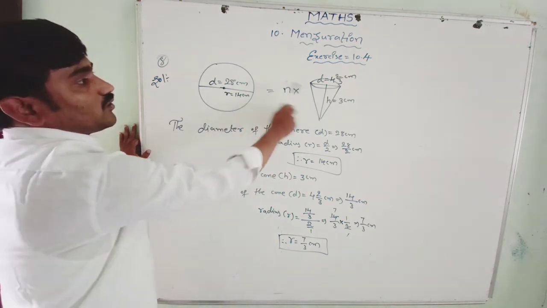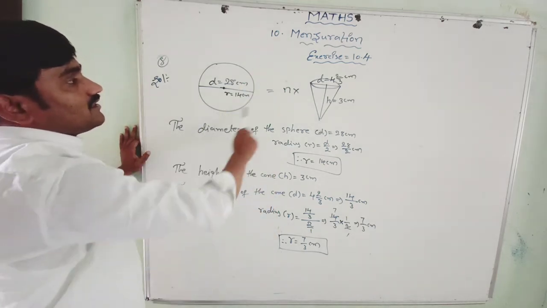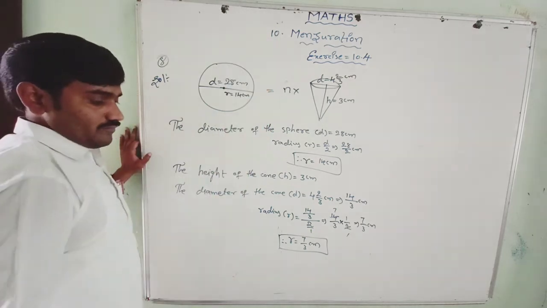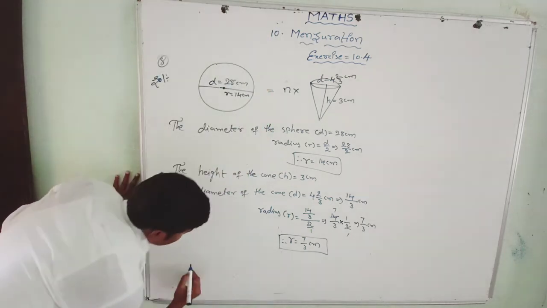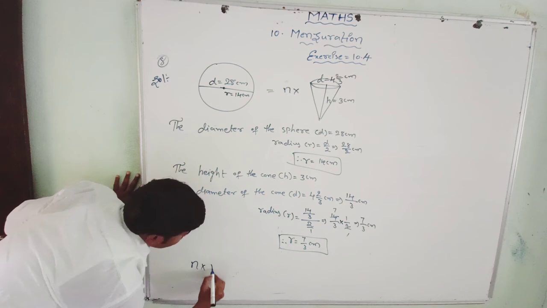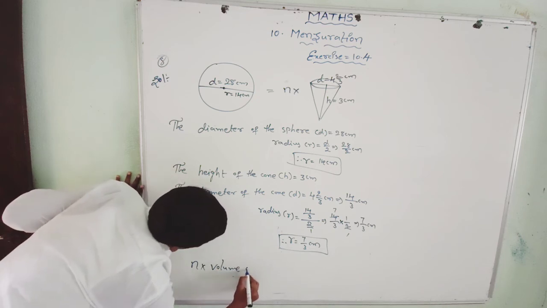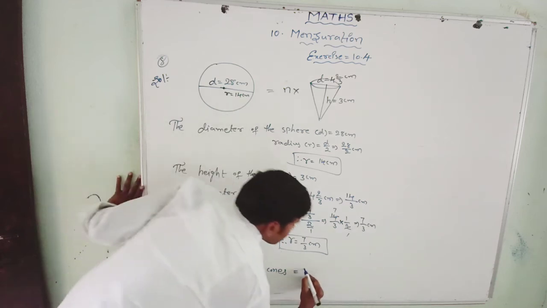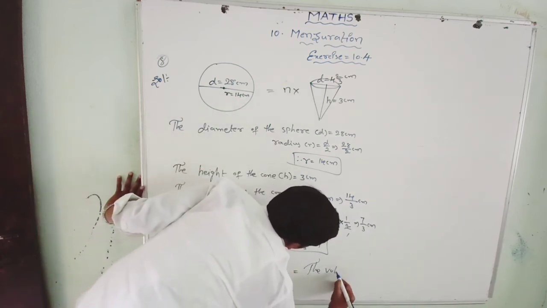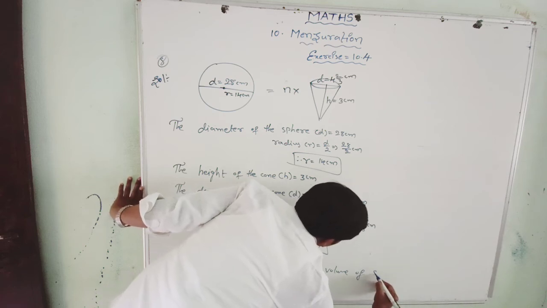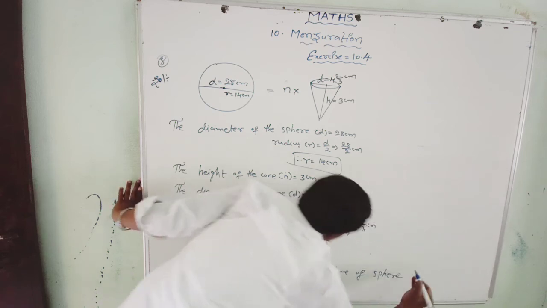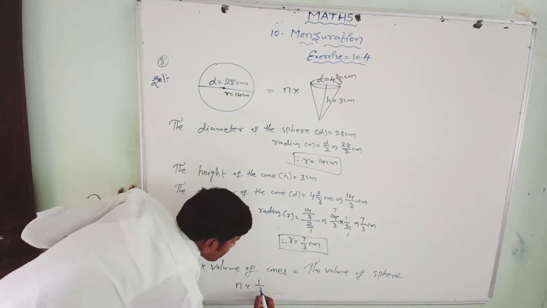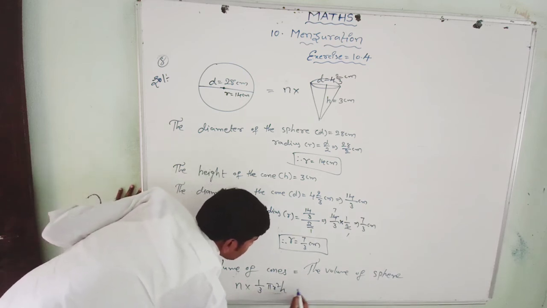Now we know that here, in the figure, we can understand the volume of the sphere equal to n into the volume of the cone. The volume of the sphere equals n into the volume of the cone. The formula for the volume of a cone is 1 by 3 pi r square h.